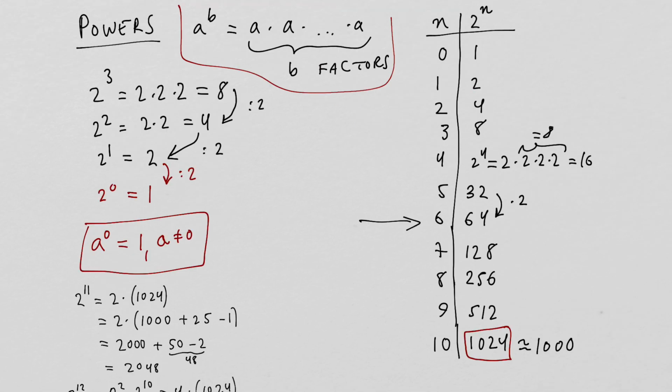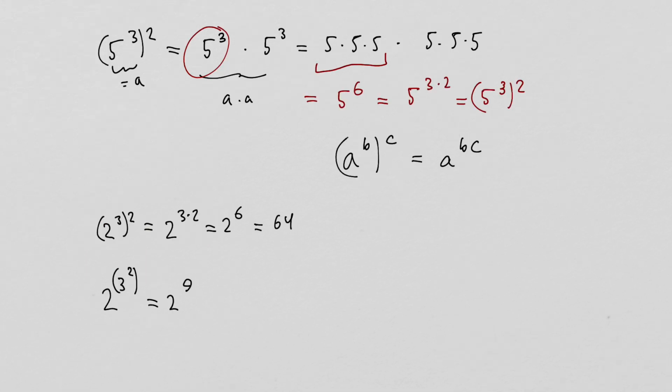So we can check our table. 2 to power 9 is 512. So if we write some numbers like this, it's a little bit dangerous because the brackets can be in this way or in this way. We should make clear what we mean.